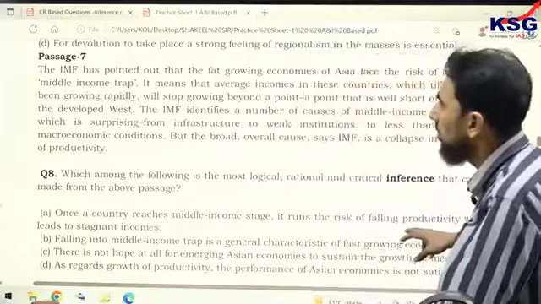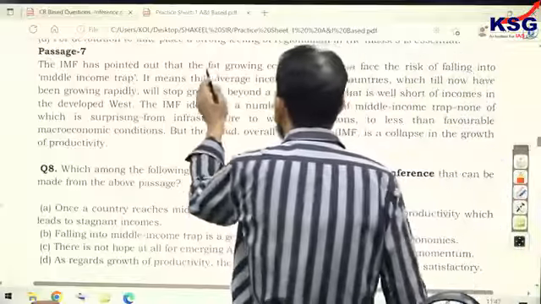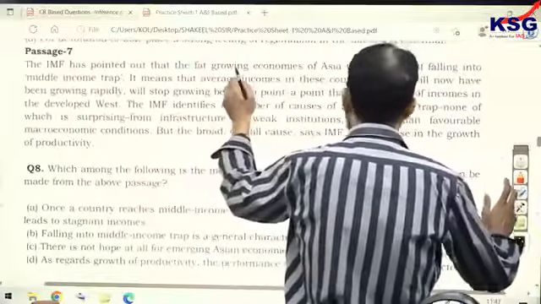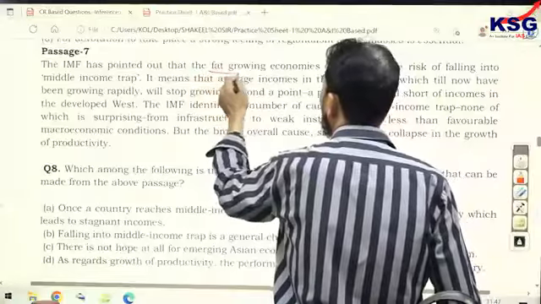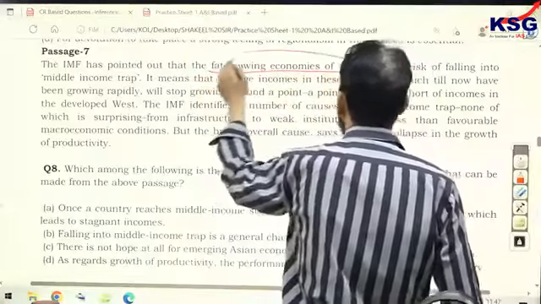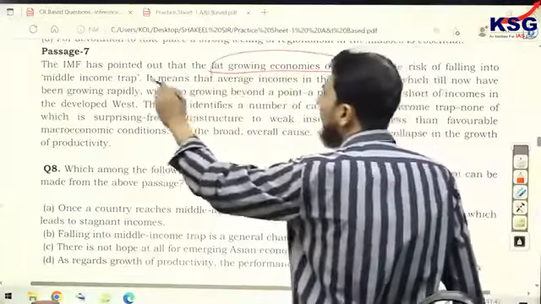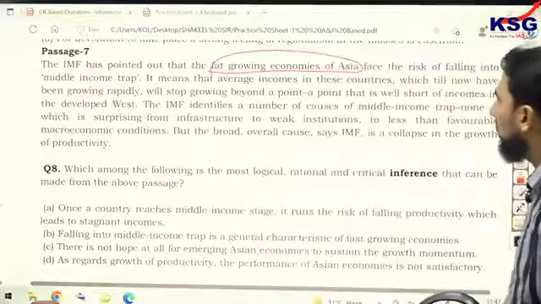Yes, it is talking about how the IMF has pointed out that the fast growing economies of Asia face the risk of falling into the middle income trap. Then the author tells you what the middle income trap is.